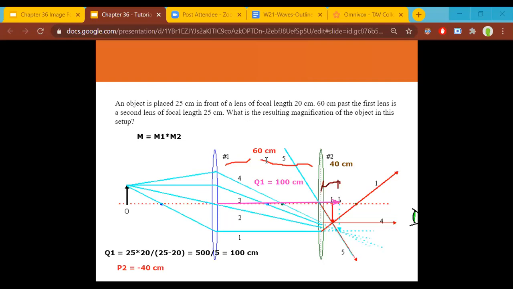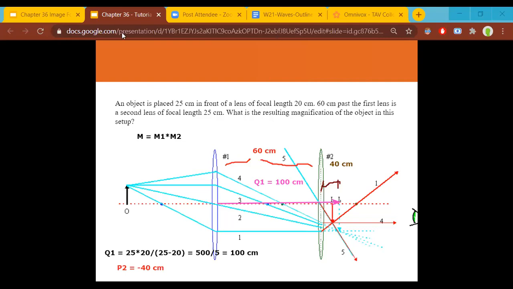The object distance will now be negative 40 centimeters to indicate the fact that we're across the second lens. Objects like the one we start off with, on the left side, start with a positive object distance because we're on the left side of the first lens. When we look at the second lens, the object starts off on the right side, so we use a negative sign for the object distance.